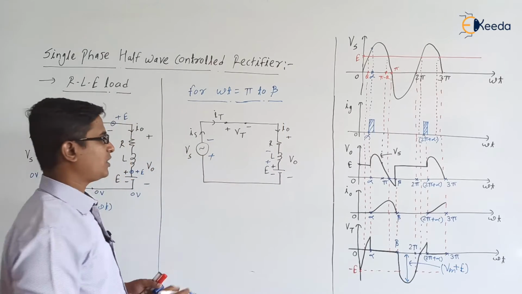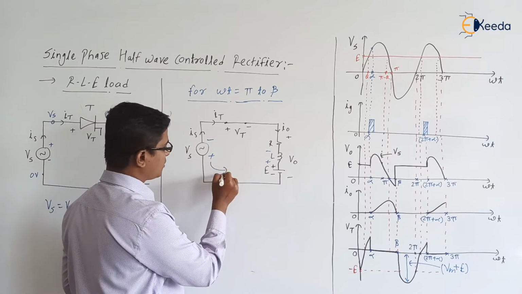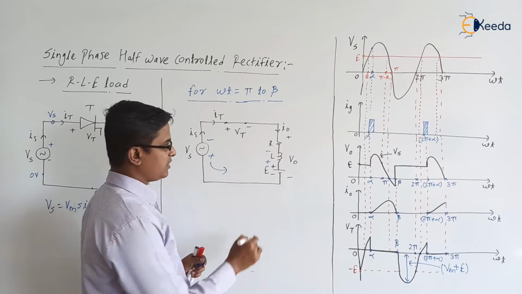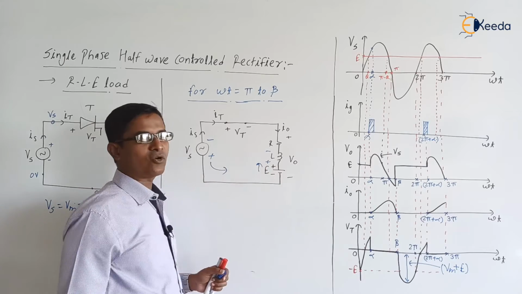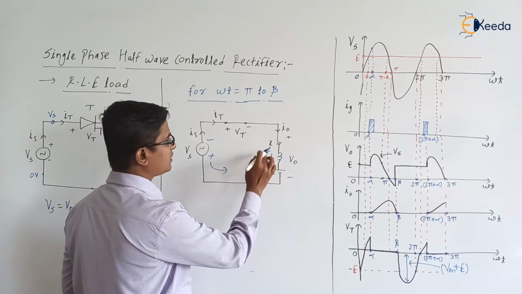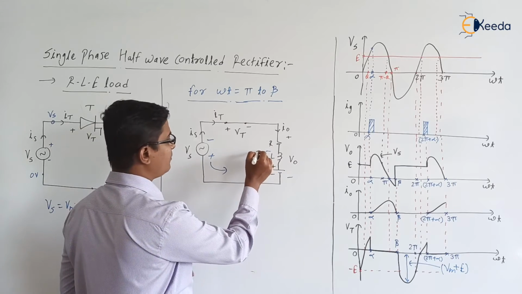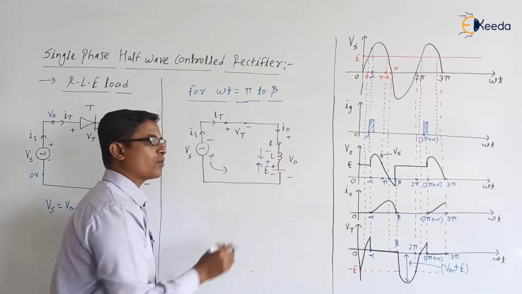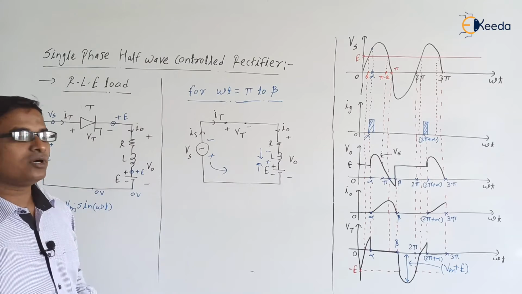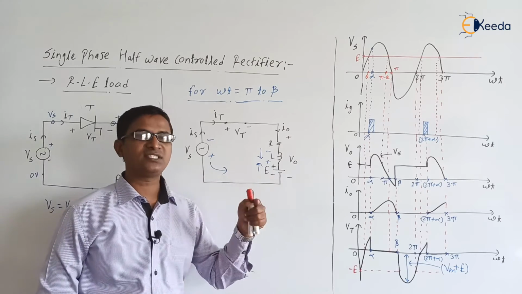So this supply voltage will try to circulate current in the anti-clockwise direction. E is also trying to circulate current in the anti-clockwise direction. But the inductor will not allow the sudden reversal of the current, so the inductor will try to maintain the current in the clockwise direction only. Here Vs and E will be assisting each other.